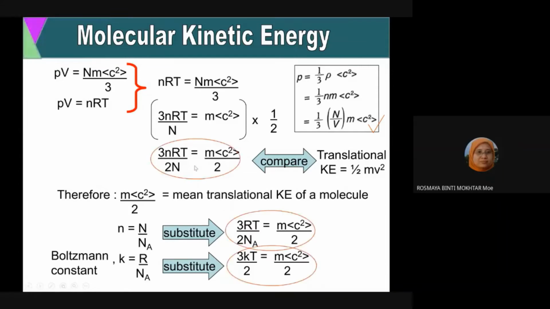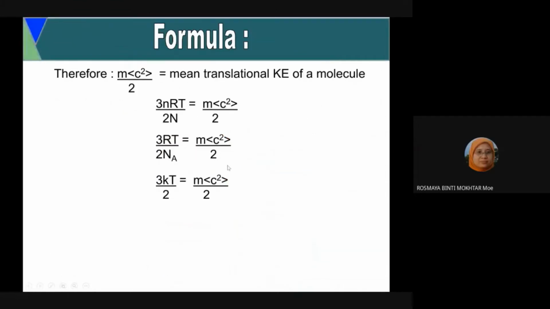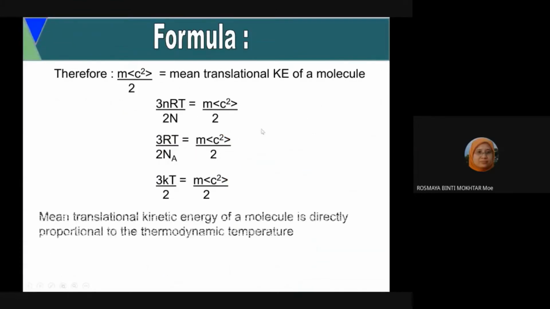Altogether we have three equations to be memorized for the mean translational kinetic energy. And don't forget also that the mean translational kinetic energy equals half m mean square speed.